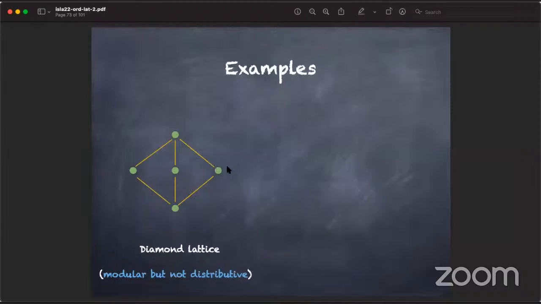Think about these middle elements, and think of, let's say, 0, the bottom element, the least element, and the top element, and let's say P, Q, R here. Now think of P meet (Q join R). Can you work it out to see whether it's distributive or not? I've already said it is not distributive, so you will see that the distributive law would not be satisfied. Can you just check it out?